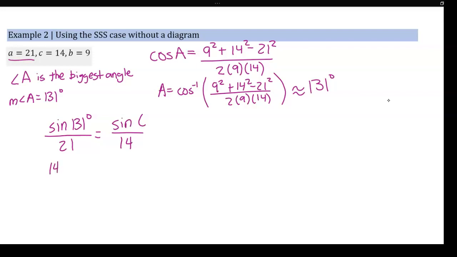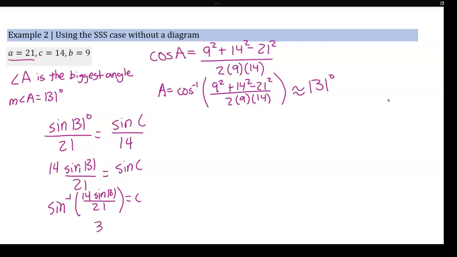So we get 14 sine 131 divided by 21 is equal to sine C, which means sine inverse of 14 sine 131 divided by 21 equals C. I get 30.2 degrees, so we'll just round down.